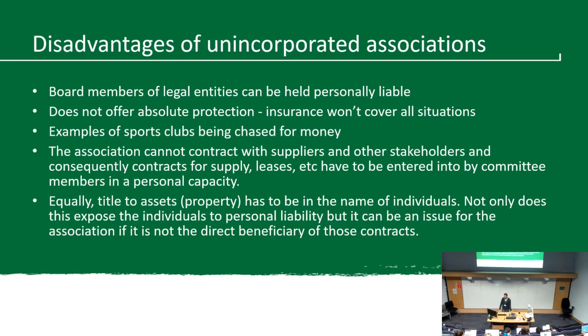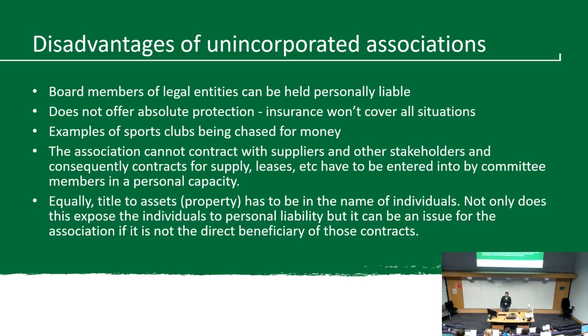So it doesn't offer absolute protection. Insurance won't cover you in all such situations. There's been numerous occasions of sports clubs that have been chased for money because they've not been able to pay the debts, and there's been individual liability, so the individuals that perhaps signed off on any agreements.